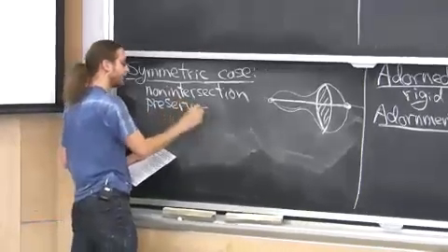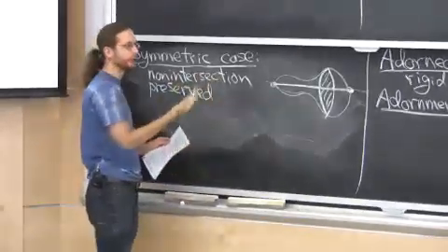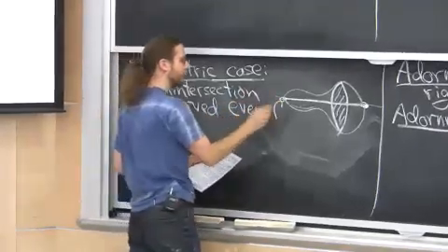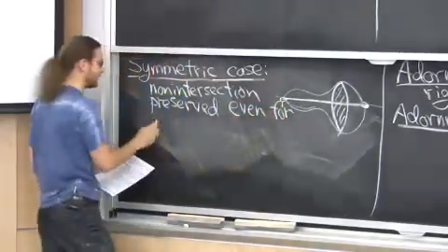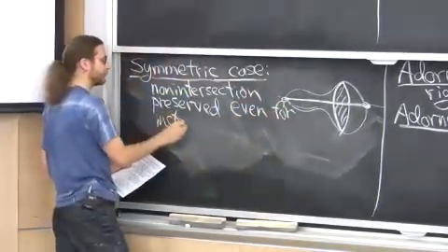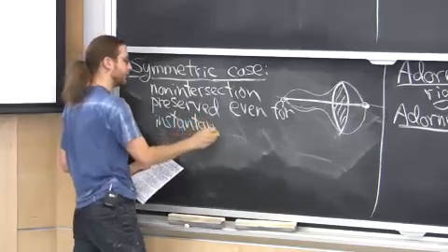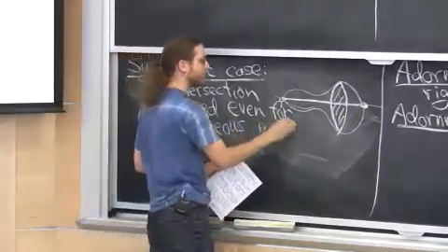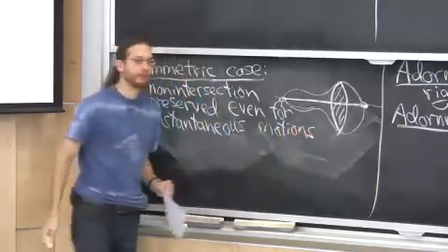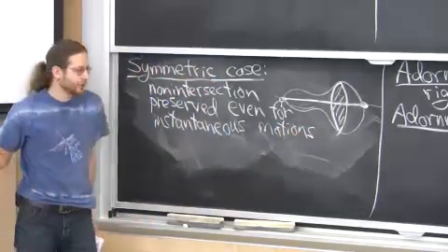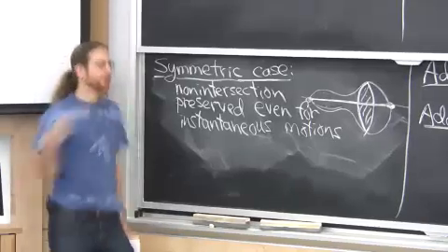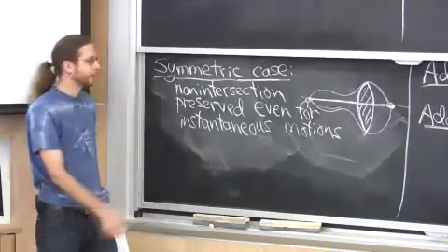Turns out not only is non-intersection preserved under continuous motions, which is what we care about, it's preserved for what I'll call instantaneous motions. In the origami context, we would call these folded states. We don't worry about how you got there. You just draw it again differently. It's like you instantaneously jump to that point.